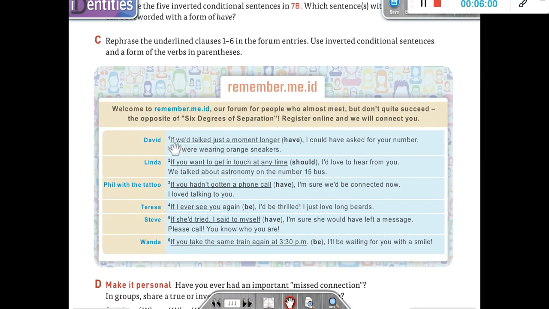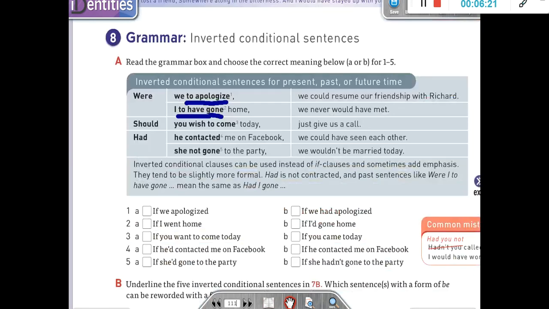For example, if we talked, okay, this is impossible, it is good. Why? Because the next verb is not in infinitive. It is had, because the verb is in past participle. Well, and besides that, they are giving us the clue that they want us to use have to make the inverted conditional.